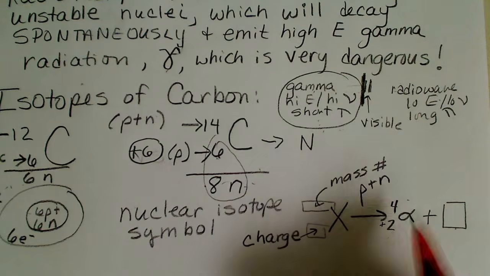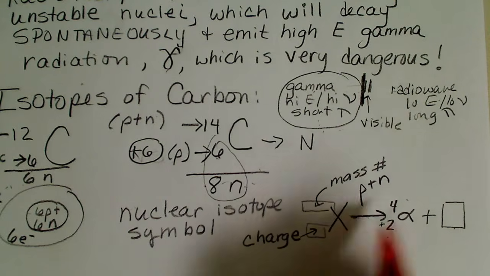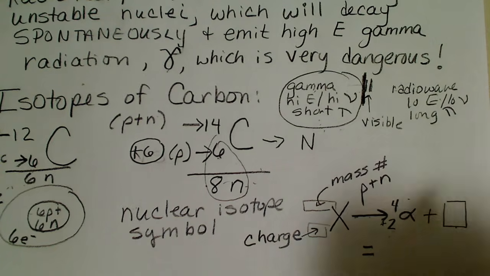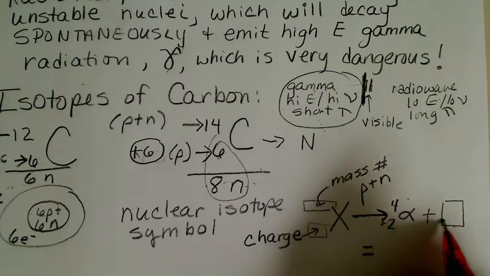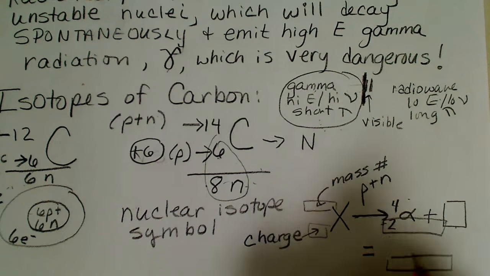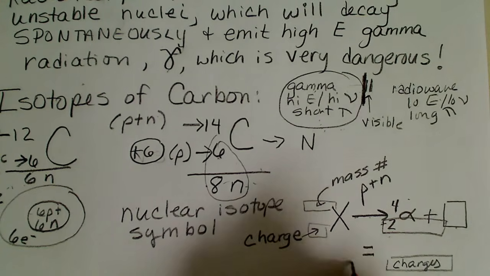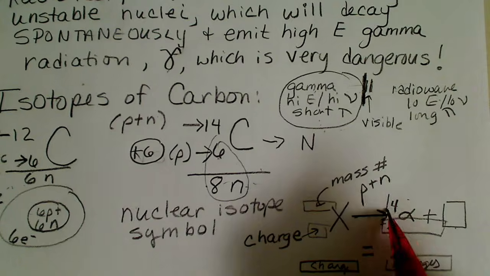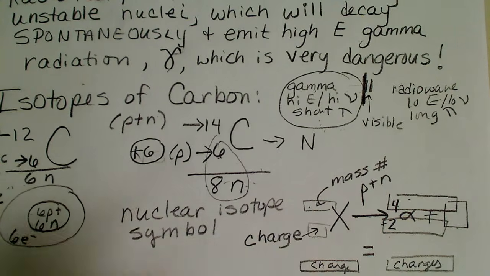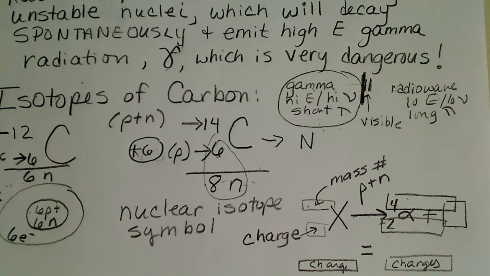If we keep in mind that the arrow is like an equal sign, then the charges across the bottom, on either side, must balance on both sides of the equal sign. And also the mass number across the top has to balance. I didn't give us a mass number here, but we will do some examples for that.